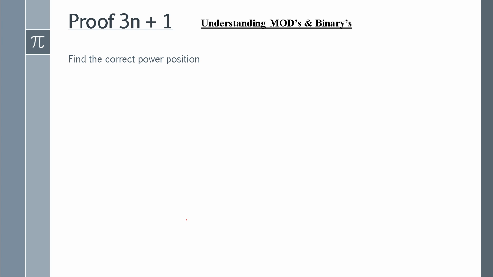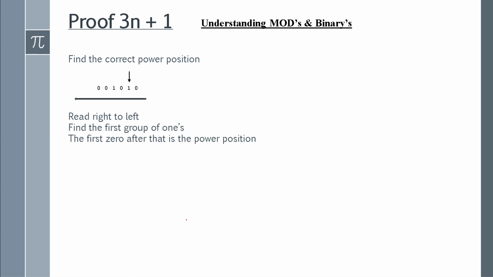So the next thing I want to talk about is finding the correct power of a number. And we do that by just looking at the binary of that number, and we read from right to left. The first group of 1s is the remainder. The first 0 after the group of 1s is our power position.